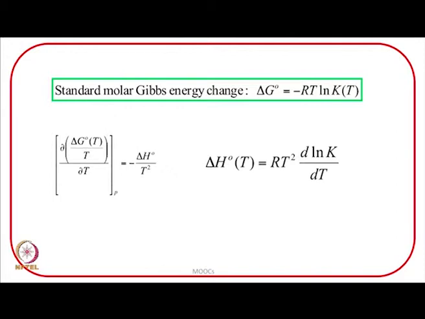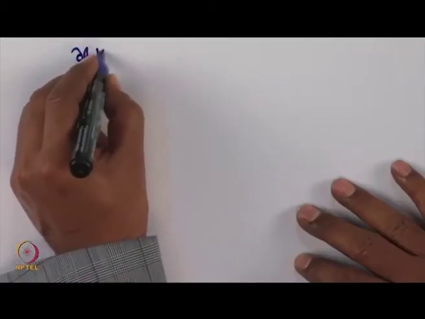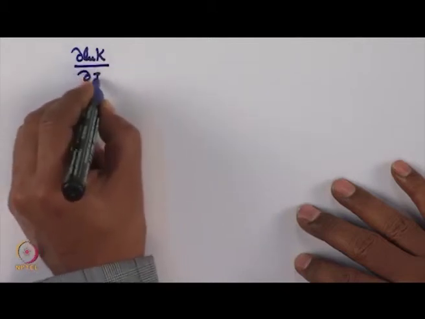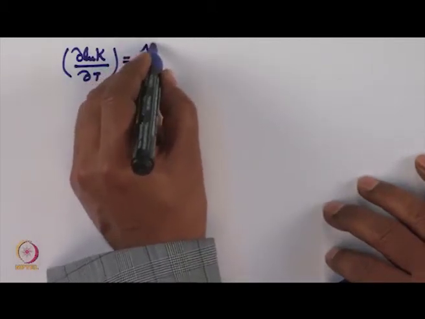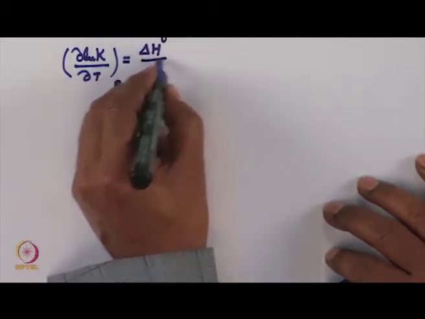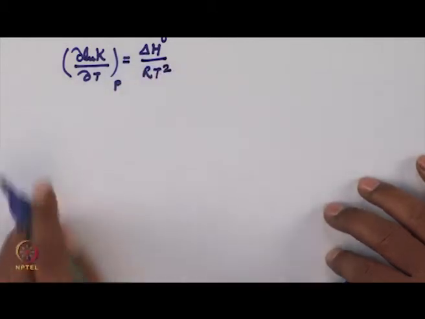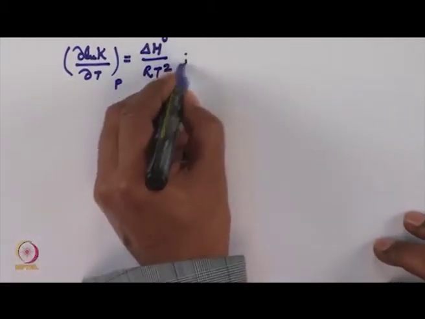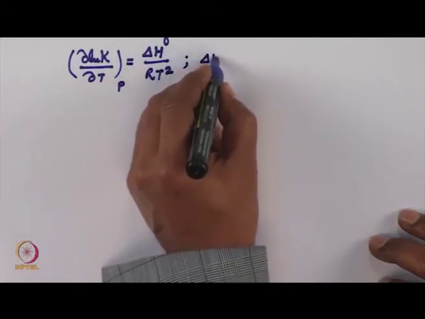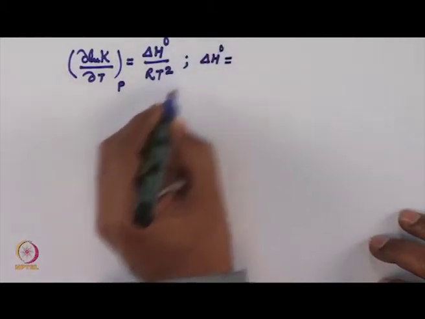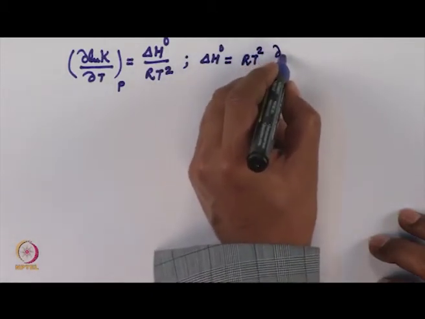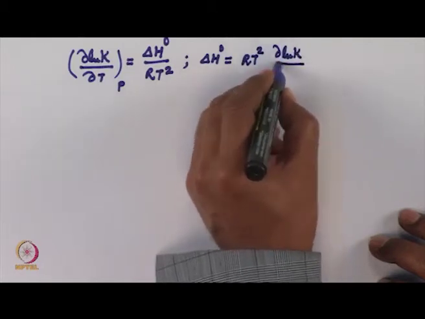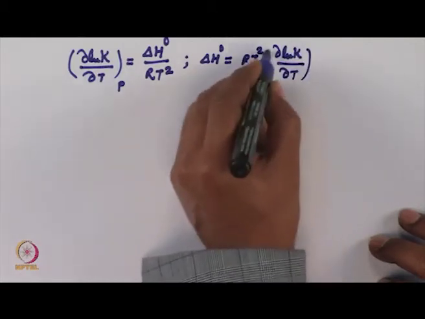According to the Van't Hoff equation, d log K by dT at constant pressure is equal to delta H naught by RT square. In other words, I will write delta H naught is equal to RT square times d log K by dT at constant pressure.